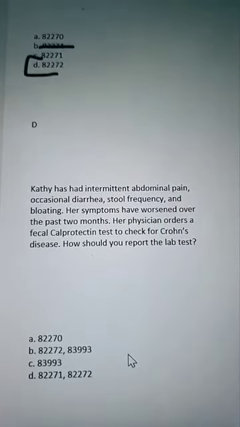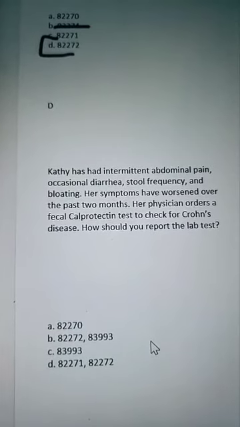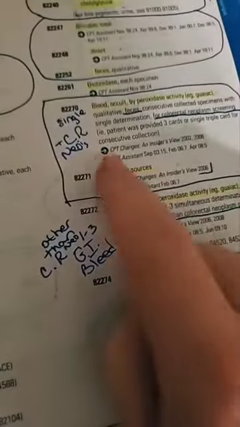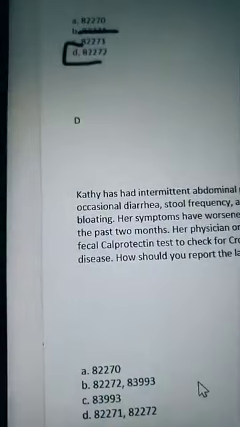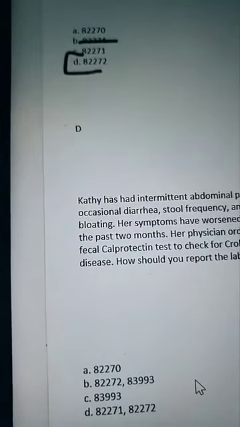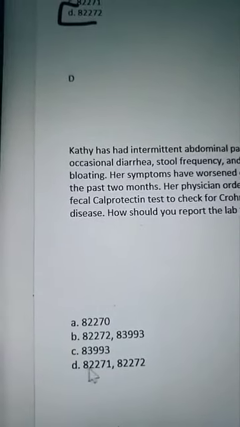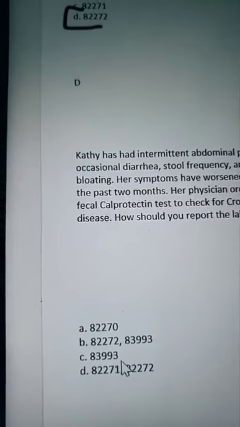Those are the same codes we were just at. 82272, 82271? No. Those are not for that. Right? We were just there. 82270. Yep. So I bet it's this wild card, right?